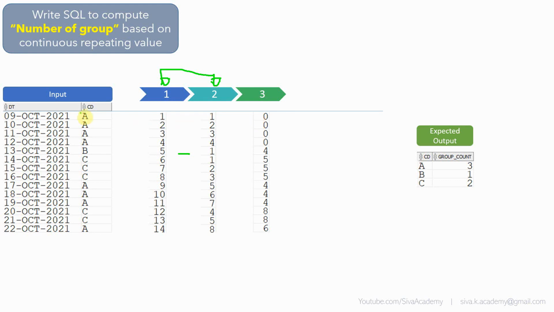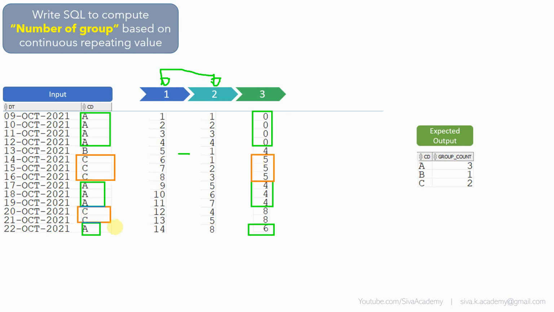For example, for A, you will get 0. Basically, I just want to eliminate the duplicate. So here is A and here is a 4. Similarly, here is A, there is a 6. Very similar to this, you can see for other codes also. For example, C, 5. Similarly, here is another set of C, 8. So basically I'm just eliminating the duplicate values.